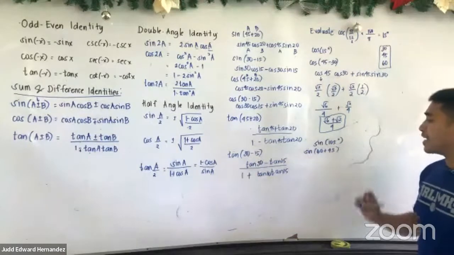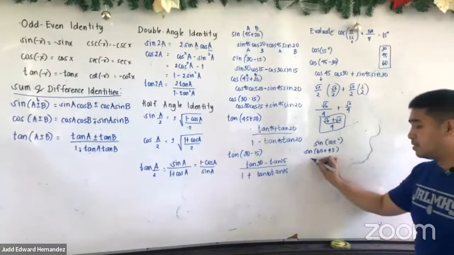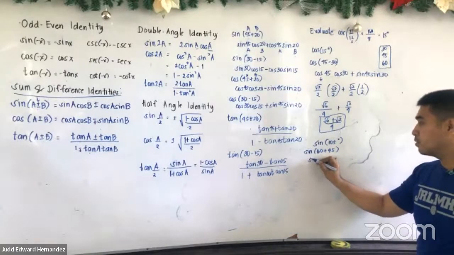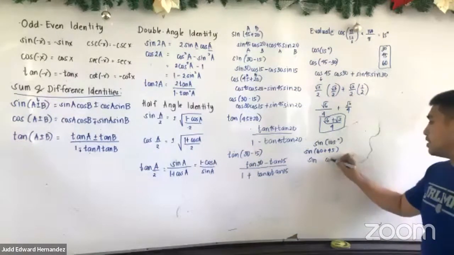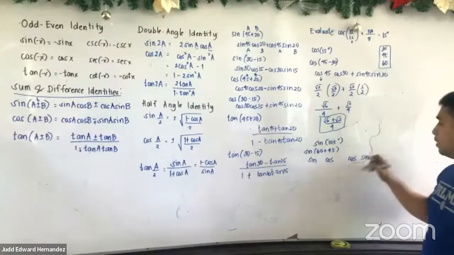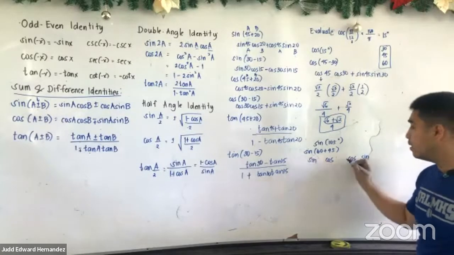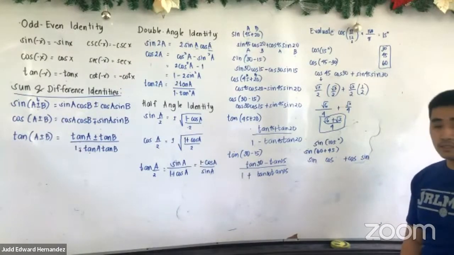And we are dealing with sine now. What is the expansion of sine? It becomes sin, cos, cos, sin. This is plus, at sine yung pinagbabasihan natin, therefore it becomes plus.